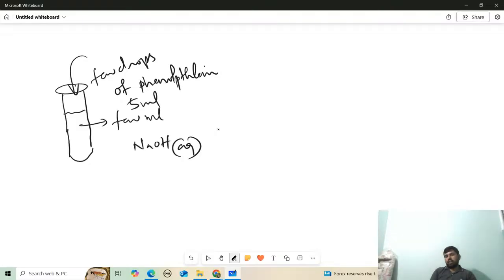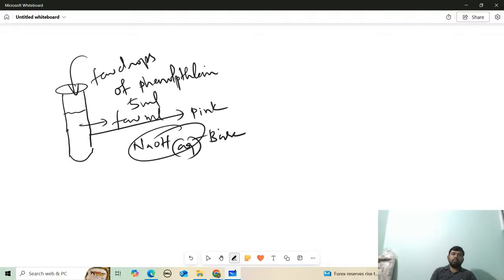What is the color now after the addition? This is pink color, because this is a base. So in basic medium phenolphthalein will be pink. Next they're asking you to add dilute HCl.